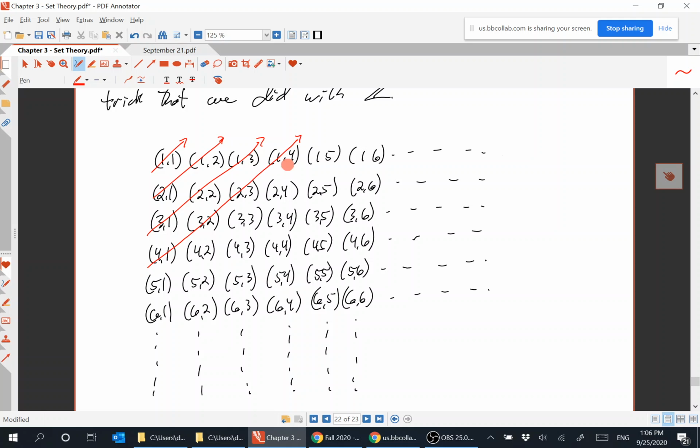Sum of the coordinates is 5. Sum of the coordinates is 6. Sum of the coordinates is 7. So on and so forth, right? If I keep drawing diagonal lines like that, will I get all of Z plus cross Z plus? With these diagonal lines, will that fill up the whole infinite square?